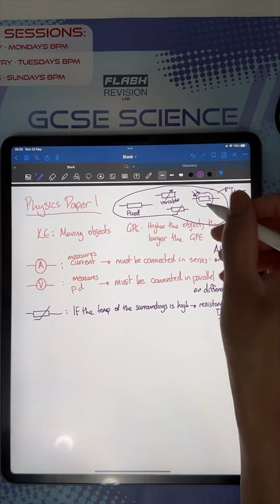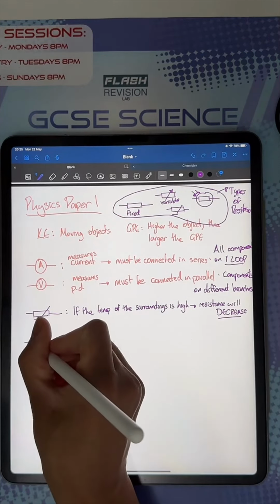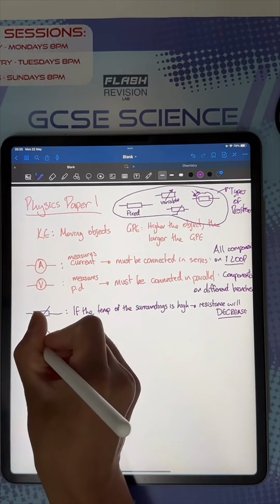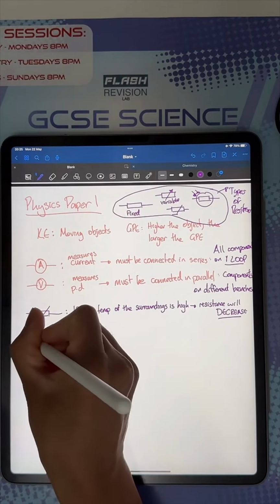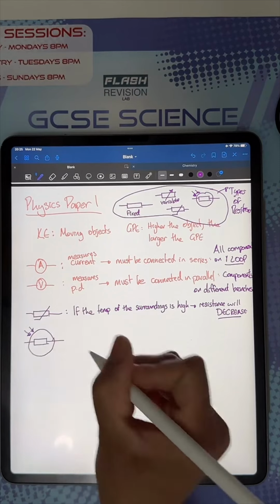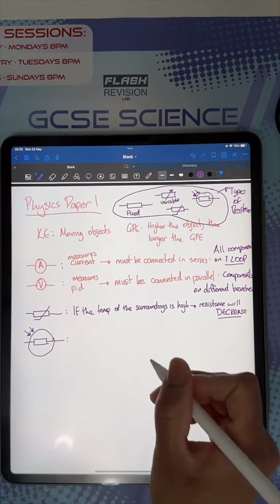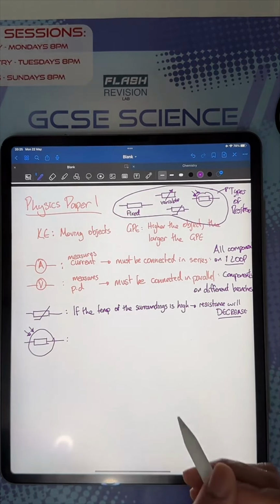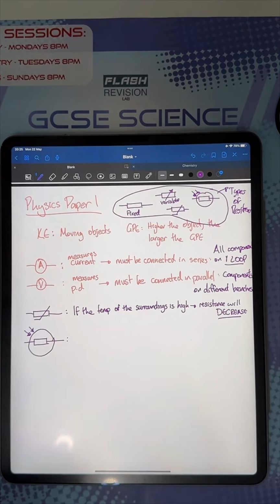Then an LDR stands for a light dependent resistor. It's exactly the same as a thermistor, but instead of temperature, it's to do with light intensity. So how bright it is, not how hot it is.